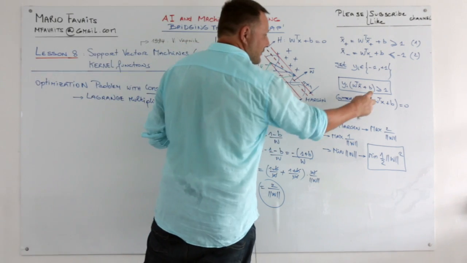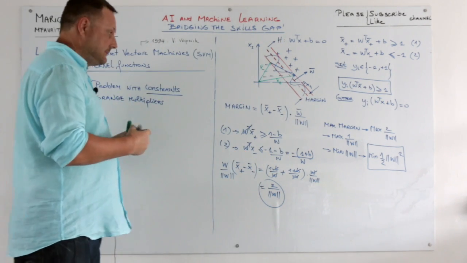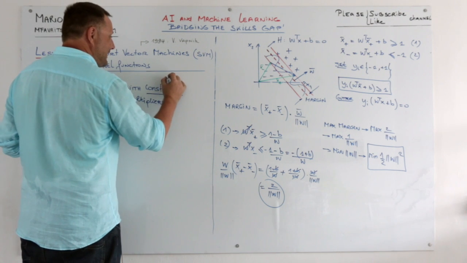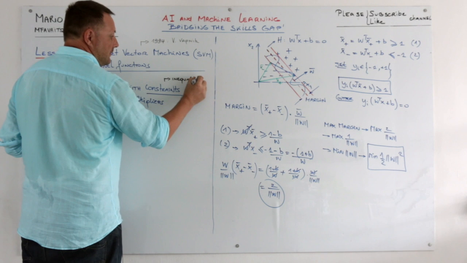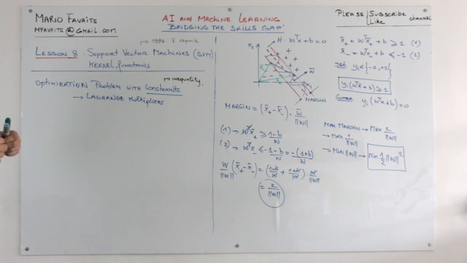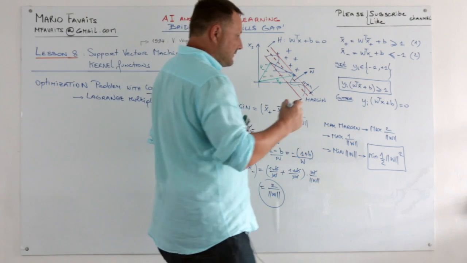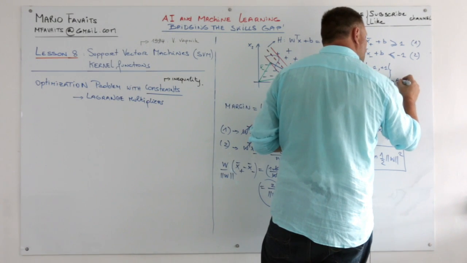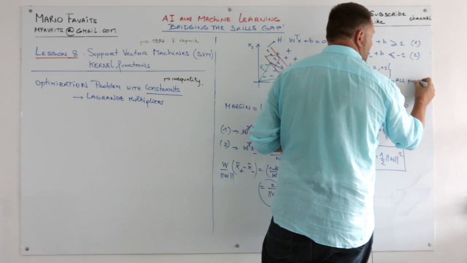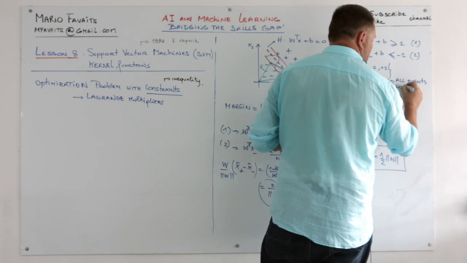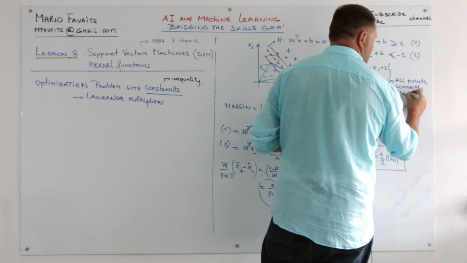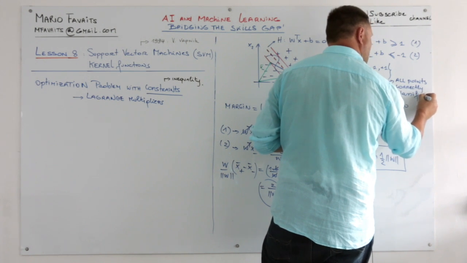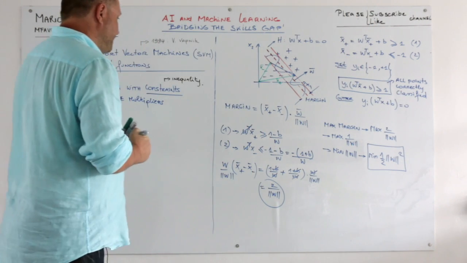That is that the constraint here is an inequality. So this means all points correctly classified.